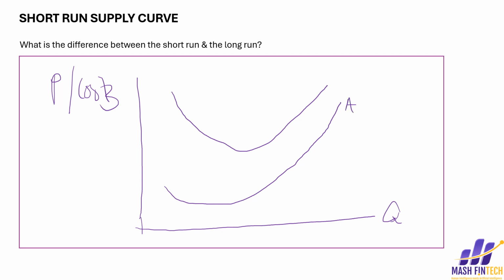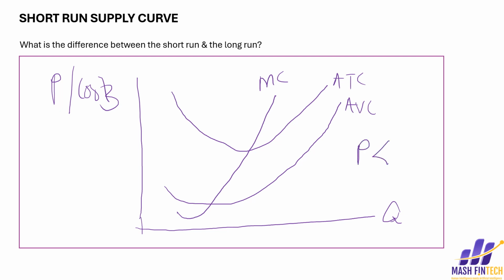This is the average variable cost, average total cost, marginal cost.